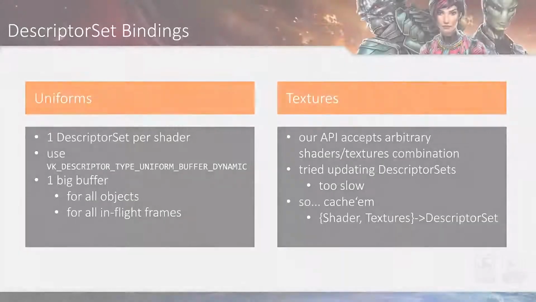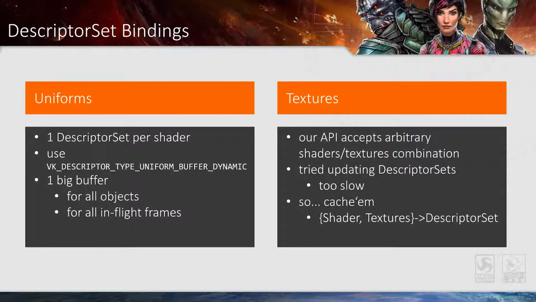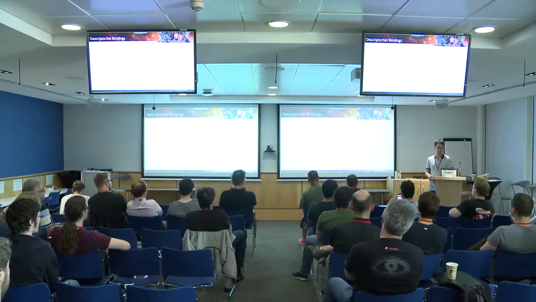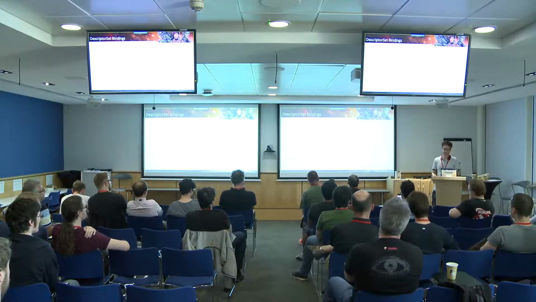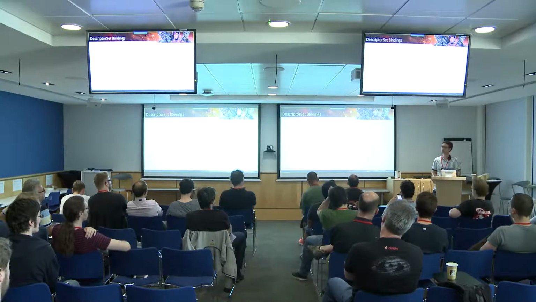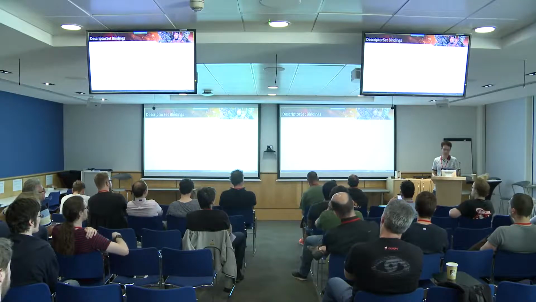First, let's talk a little about descriptor set bindings. This is quite a thing that's unique to Vulkan; it's not a challenge with Metal, for example. A descriptor set is a group of bindings. You have to use them for your uniforms and for textures, and for these two things we actually have two different solutions.